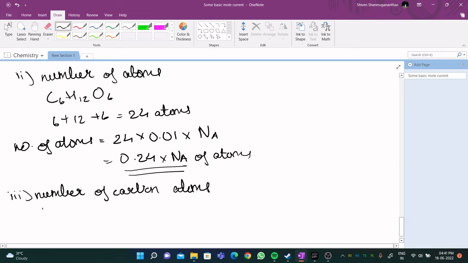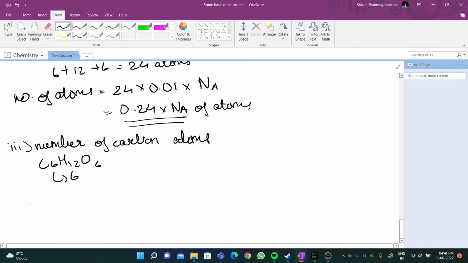Again, this will be similar. It's C6H12O6. We have 6 carbon atoms. And again, we do the same thing.